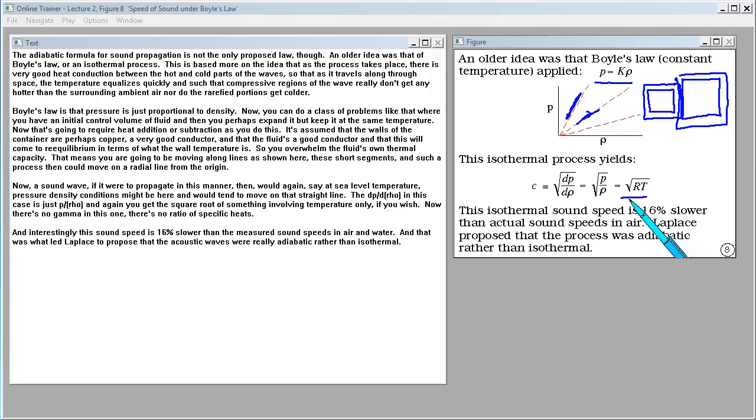Now there's no gamma in this one, there's no ratio of specific heats. And interestingly, this sound speed is 16% slower than the measured sound speeds in air and water. And that was what led Laplace to propose that the acoustic waves were really adiabatic rather than isothermal.